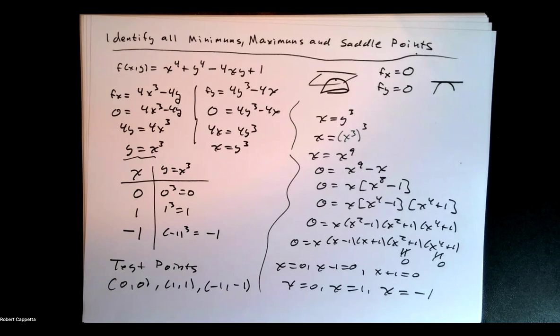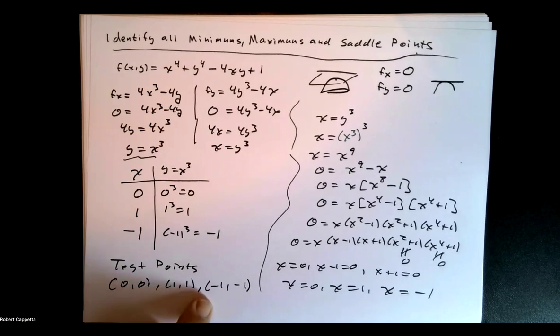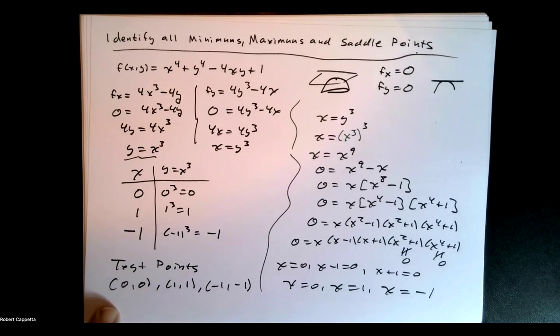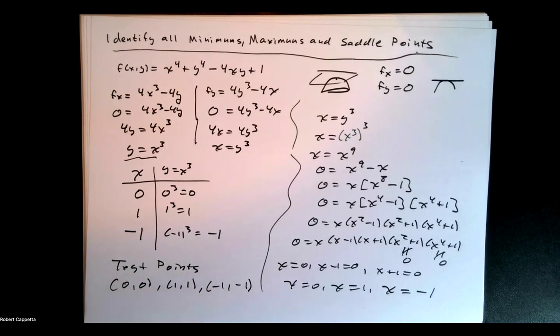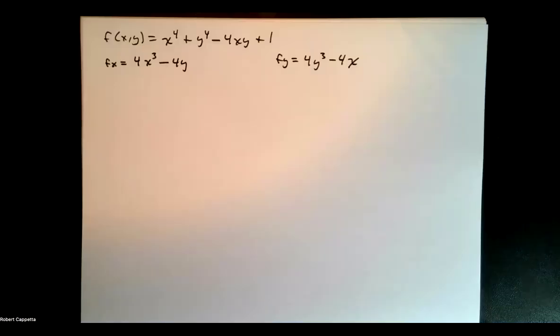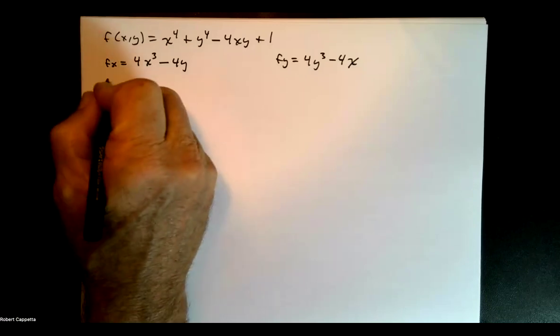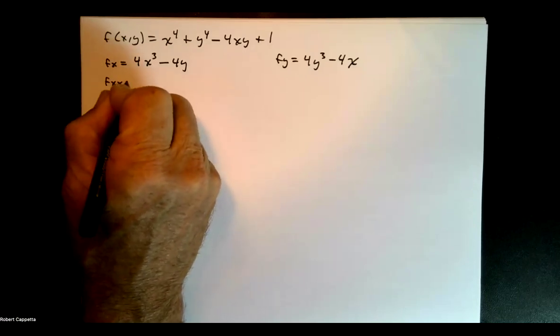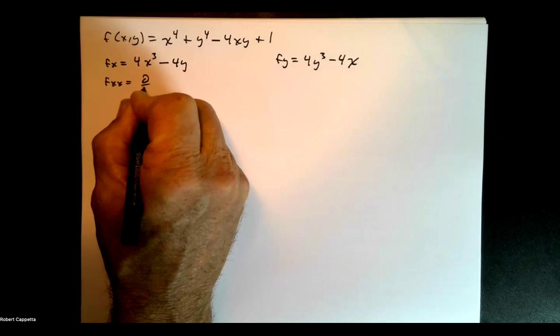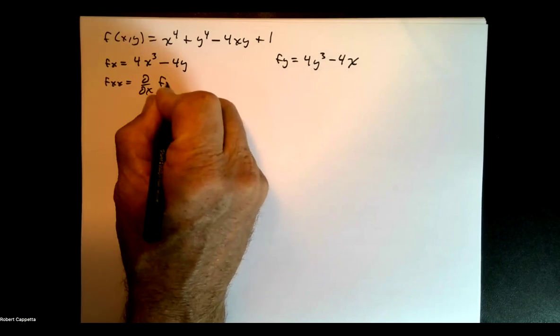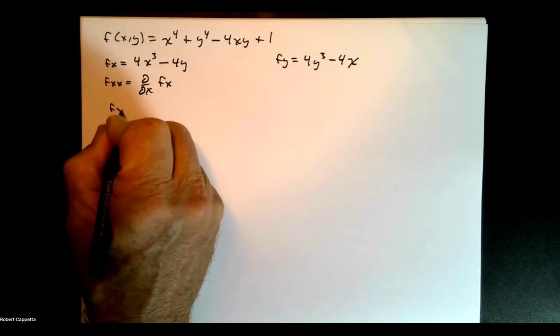So we've got to decide, are we going to have a minimum, a maximum, or a saddle point, or might the test fail? Those are the 3 conditions that we may have, and we determine that by looking at the second derivatives. So starting with the first derivative, we will next find f sub xx, which is the partial derivative with respect to x of f sub x.